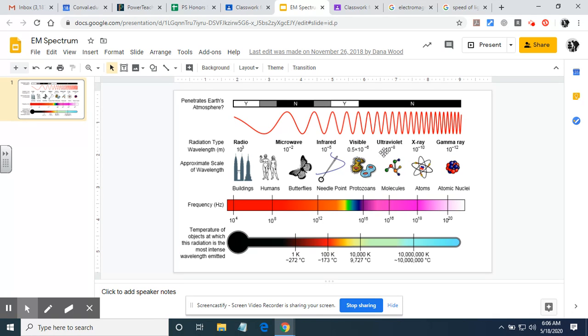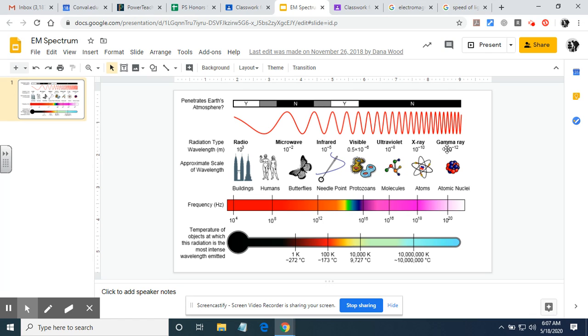So what does that mean? Imagine if you could see all of these waves. We'll talk about that in just a second, because we cannot see most of these waves without special tools. Imagine you could see these waves traveling by you at the super fast speed of light, and you were able to count the waves going by.